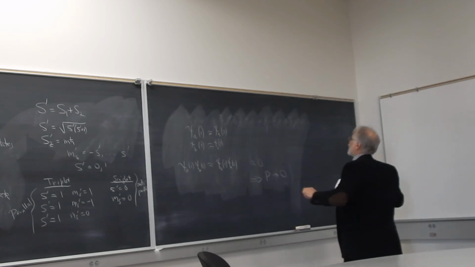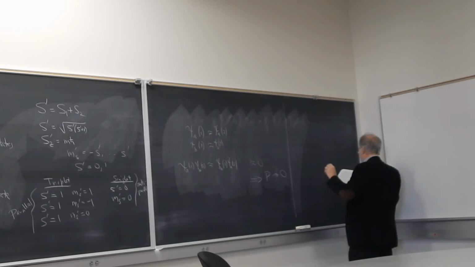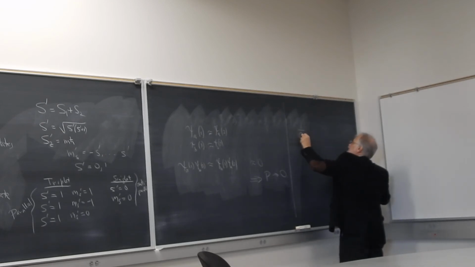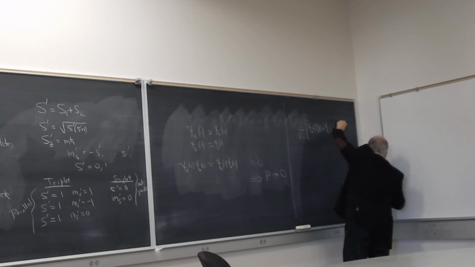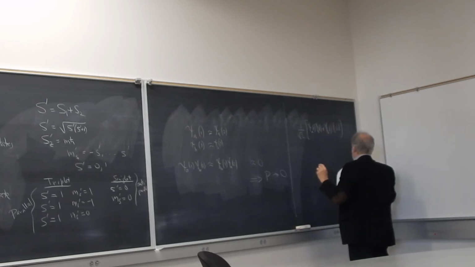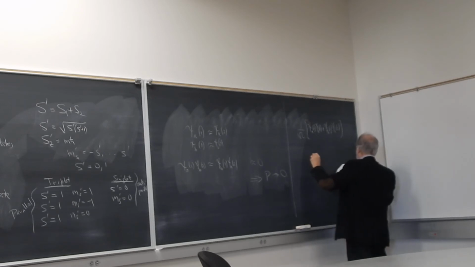On the other hand, suppose we have symmetric space eigenfunctions. So you have 1 over square root of 2, psi sub A of 1, psi sub B of 2, plus psi sub B of 1, psi sub A of 2. And let's say the two electrons have nearly the same coordinates.